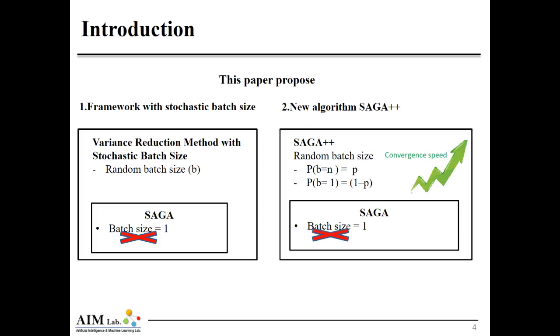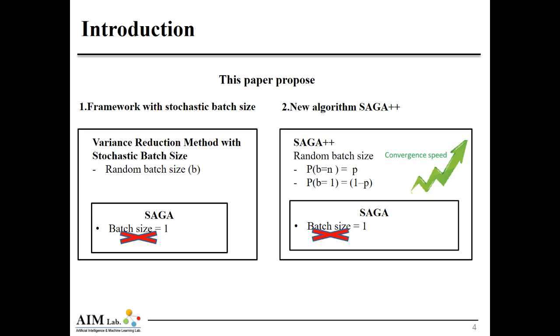This paper proposes a framework with stochastic path size based on Saga method. Instead of using path size equal to 1, it randomized path size follows some distribution for each iteration. It also proposes new algorithm Saga++ that randomized path size follow the rule.